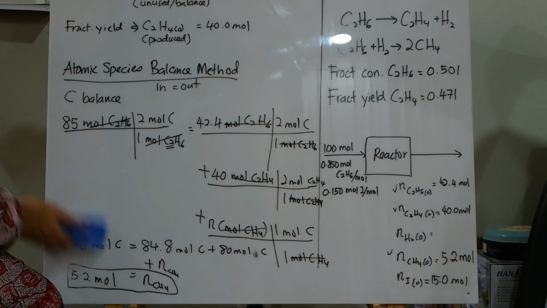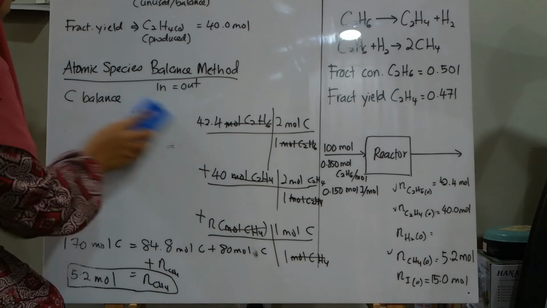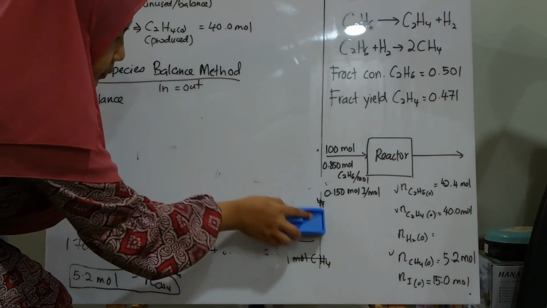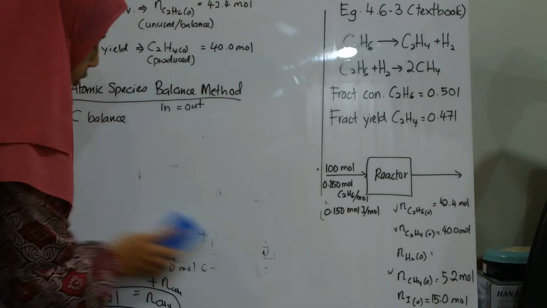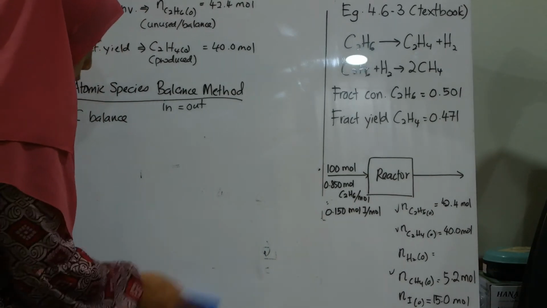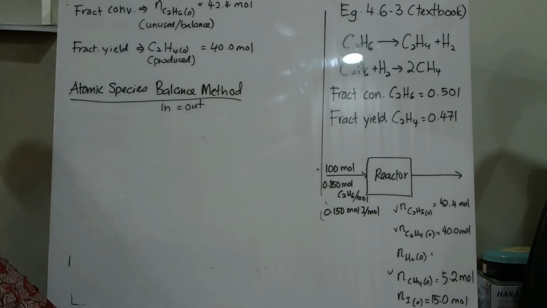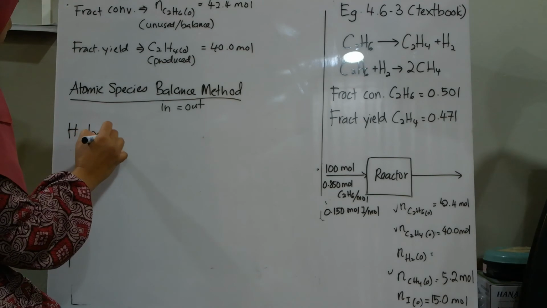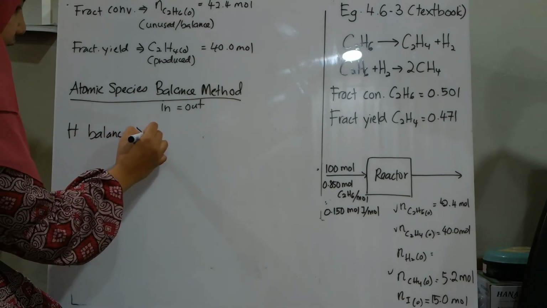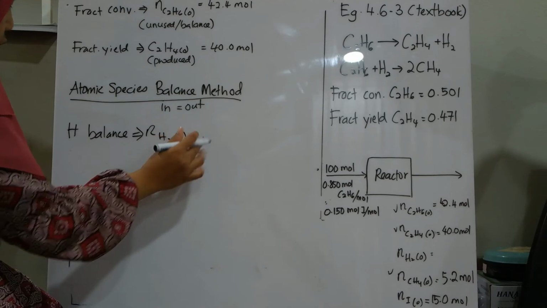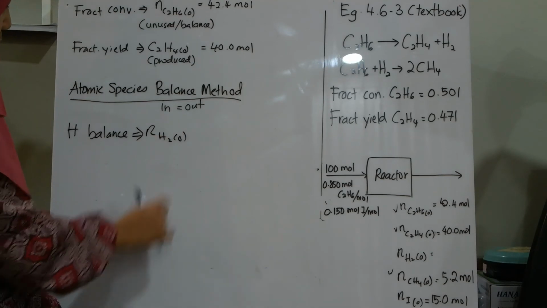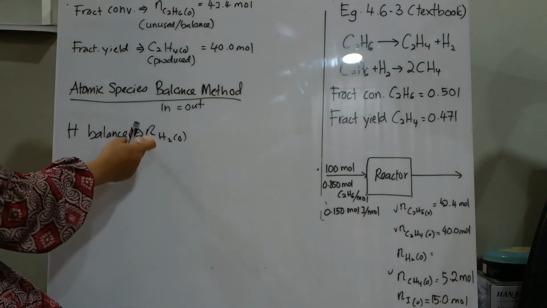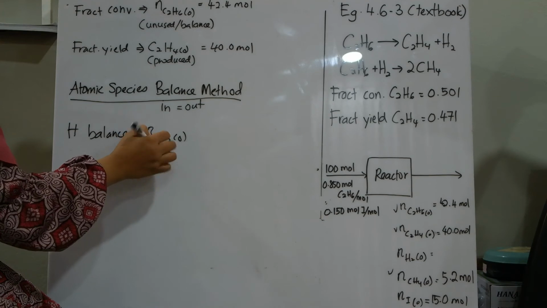Now let us use the H balance to solve for H2, because we have another unknown, right? Remember, I still use the notation of O here because I referred to the previous method that we used, but what I want is actually the number of hydrogen out.